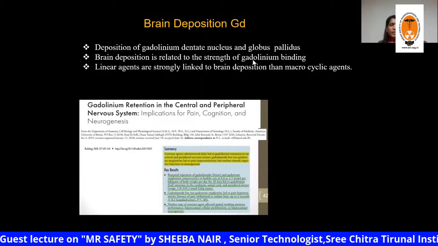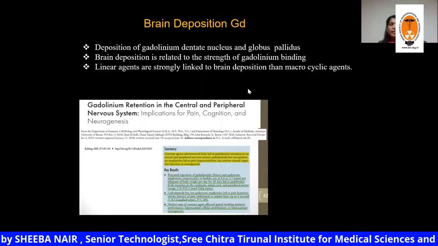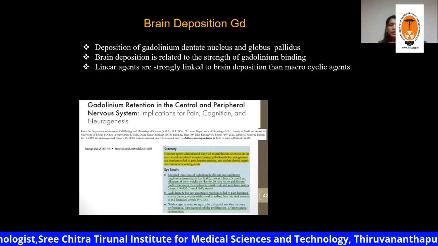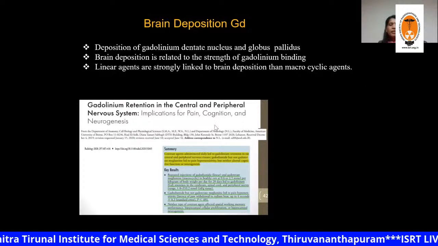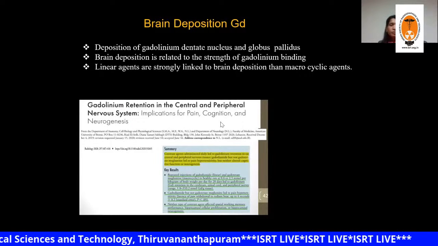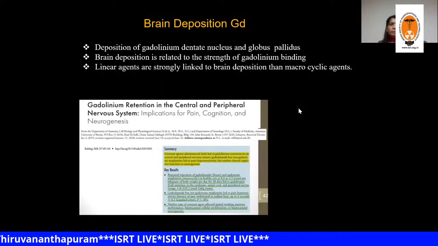So this deposition of free gadolinium is another concern with gadolinium-based contrast agents, and studies are ongoing on the effect of this free gadolinium deposition on patients.